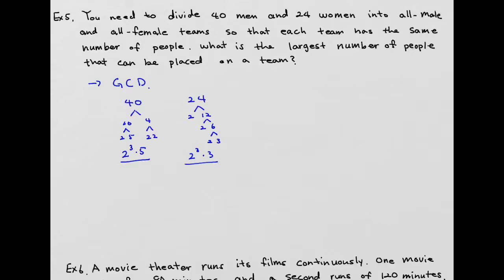In order to find the greatest common divisor, you find the common value. So that's 2, and both numbers have a cube. So 2 cubed, which is going to be 8.